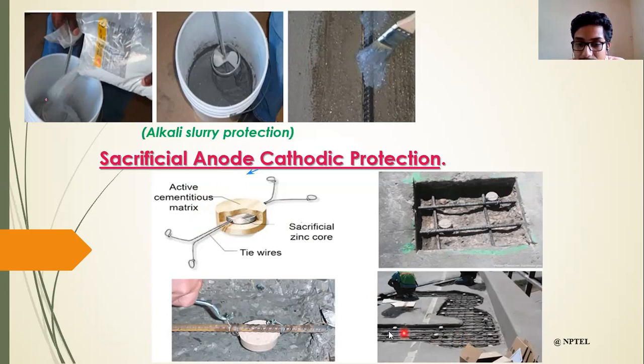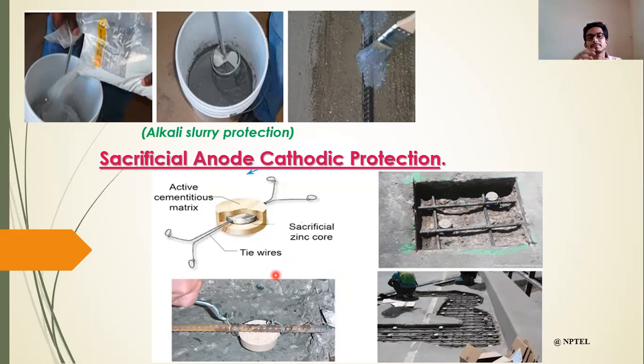So this is an example of how that anode is installed in a concrete system to reduce corrosion. Now one more thing I want to say: the surface area of the zinc depends upon the demand of current and upon the surface area of the steel that we are going to protect using this system. If the surface area of steel is more, then we need more anodes, but it is not possible to install a lot of anodes.